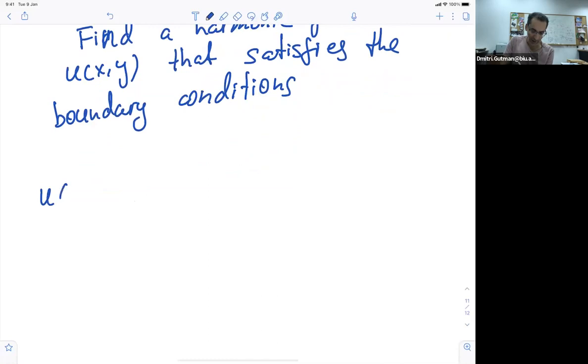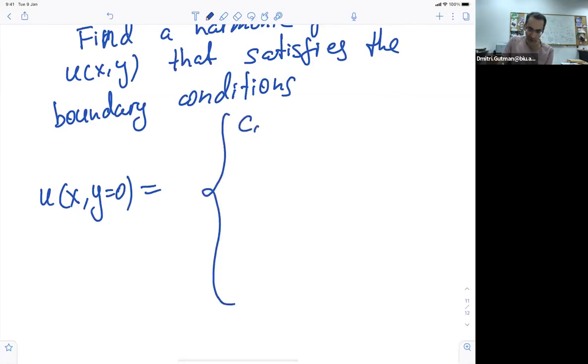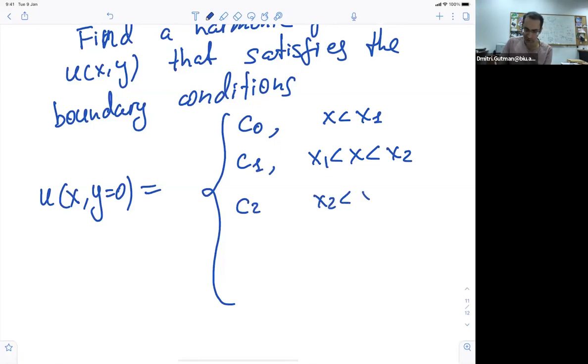So again, the boundary conditions are set on the real axis, and they are that the function is equal to C0 for x smaller than x1. It's equal to C1 for x1 less than x less than x2, equal to C2 for x2 less than x less than x3, and equal to C3 for x greater than x3.